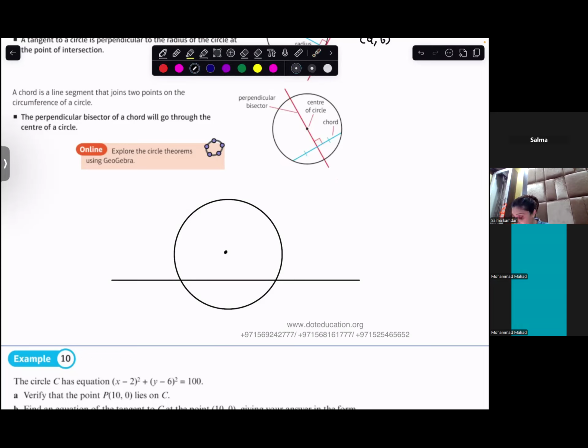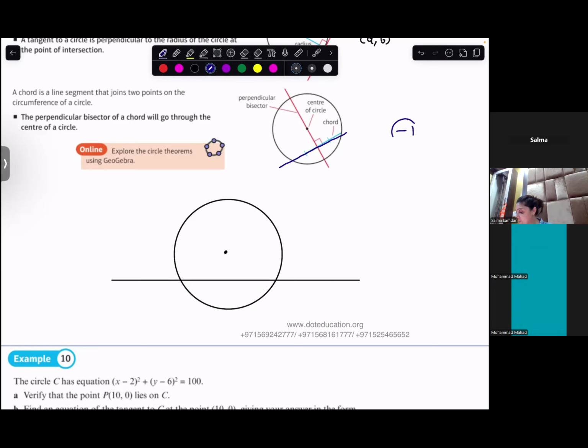The gradient of the chord and the gradient of the perpendicular bisector, the product of it, would be? Gradient of the chord multiplied by the gradient of the perpendicular bisector. Is it going to be -1?